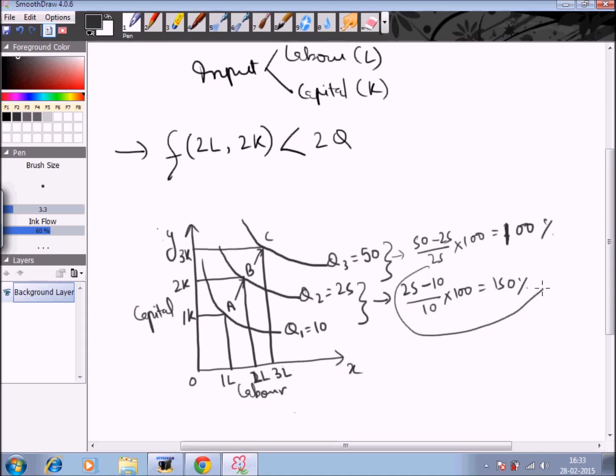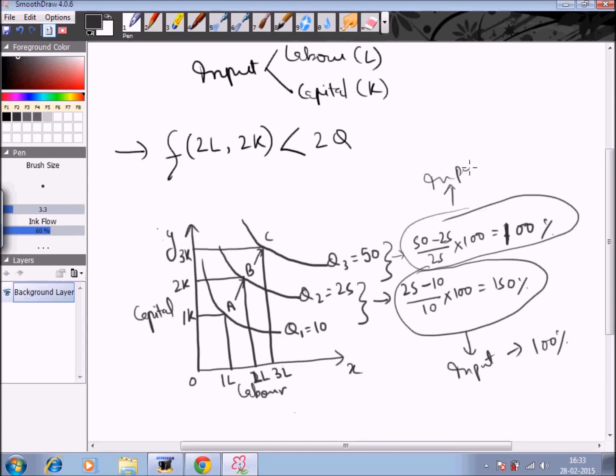In the first case, the input was increased by 100%, and in the second case, the input was increased by 50%. So this particular situation exhibits the law of increasing returns to scale.